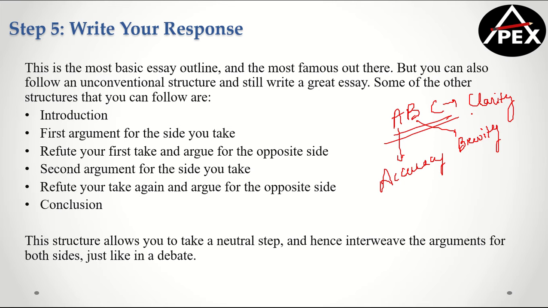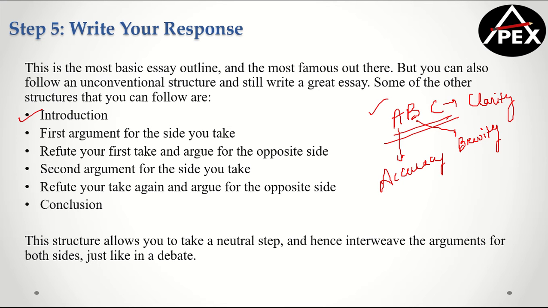Okay. Now, you should always make sure that these three things are for the best in your essay. Okay. Now, the unconventional style of writing that you can follow is as follows.